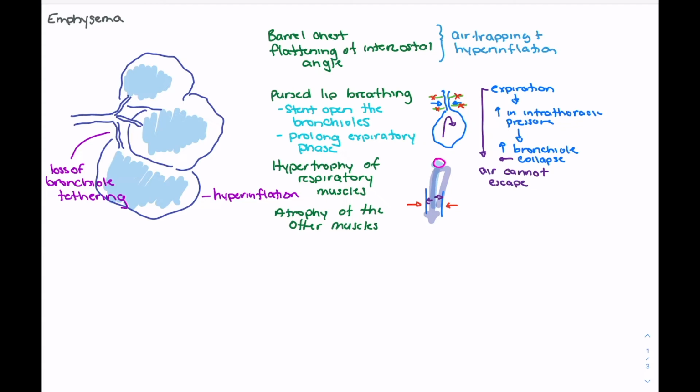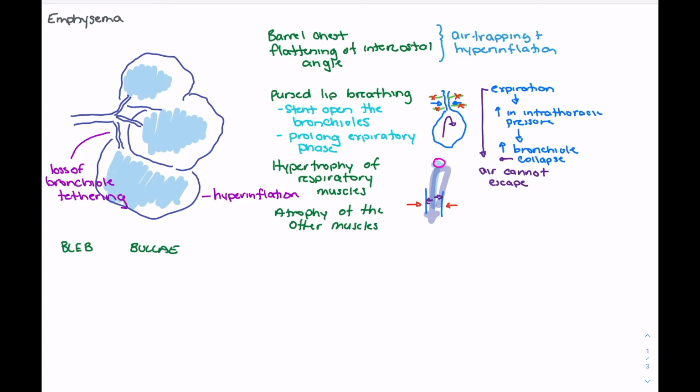There are a couple of other symptoms that we should talk about that go along specifically with emphysema. One of the other things that can cause this barrel chest or the flattening in the intercostal angle is the formation of blebs or bullae. So the patient can develop either what's called a bleb or a bullae.